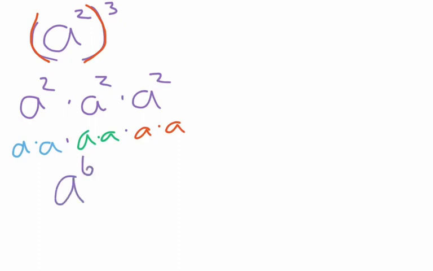Okay, now a faster way to get that would have been to do this. You could have done a to the 2 plus 2 plus 2, okay, because that's a property we've already established that if you're multiplying like bases, that means the base is the same, then you can add the exponents. And you might notice, it looks like there was a little quicker way to do that.